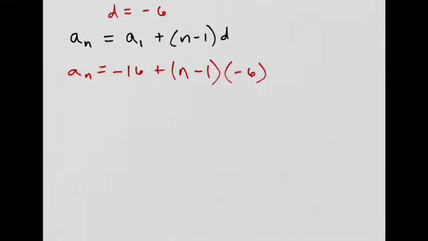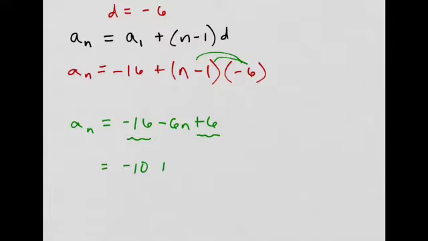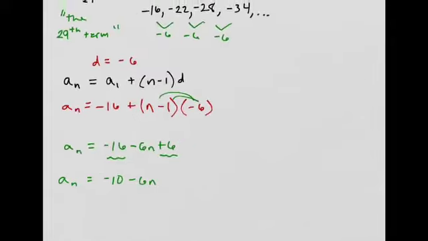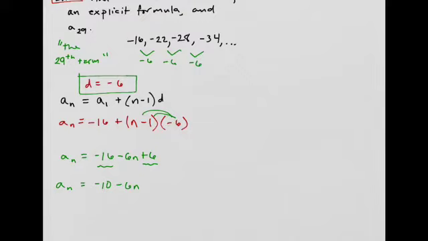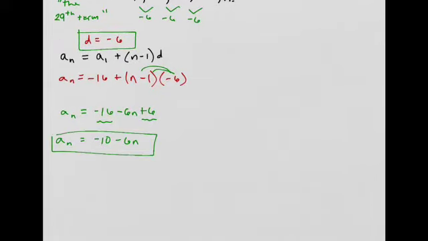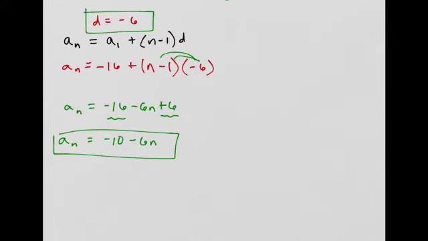Just to simplify, I'm going to distribute that, and I'll get a sub n equals negative 16 minus 6n plus 6. Do we understand that? And then combine like terms. So it said find the common difference. That's part of our answer. Find an explicit formula. Now how do I find the 29th term?